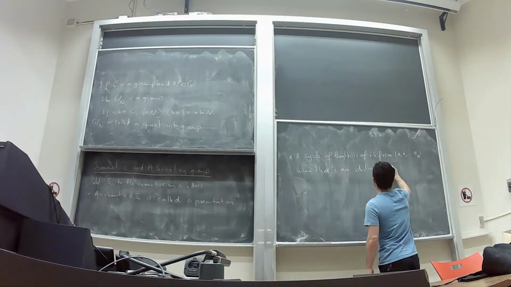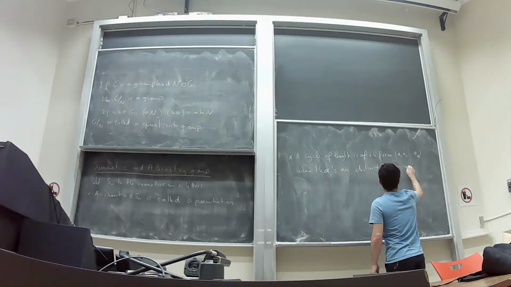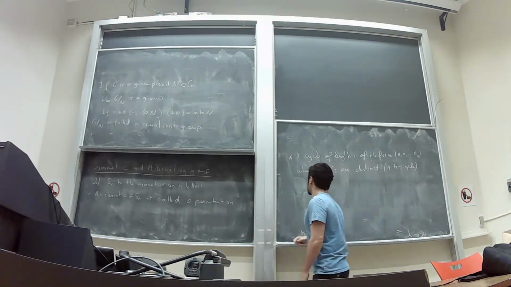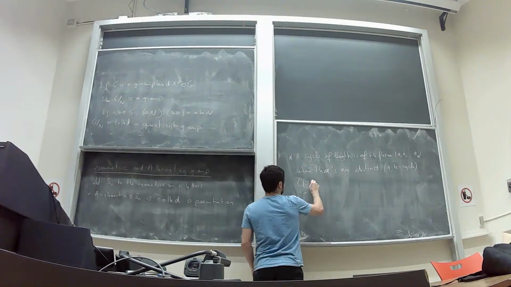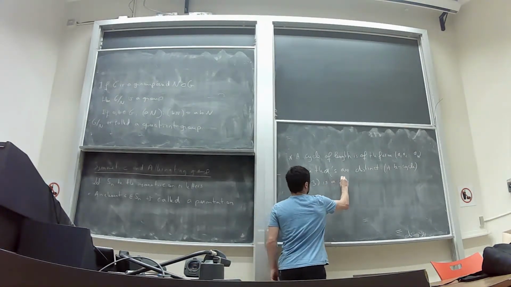We call this a k-cycle. For example, (1 2 3) is a 3-cycle.